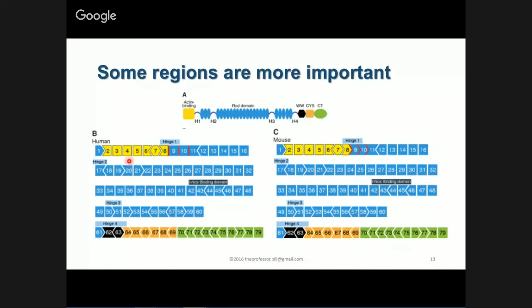So if we look at human and we look at mouse, one of the things that you can see is, I'm hoping that you've all taken genetics and this is somewhat second nature to you, that there are these alternate splice regions where you need a certain directionality.